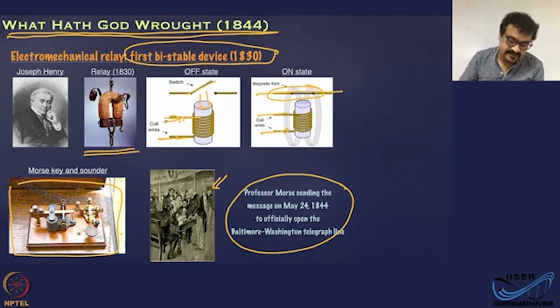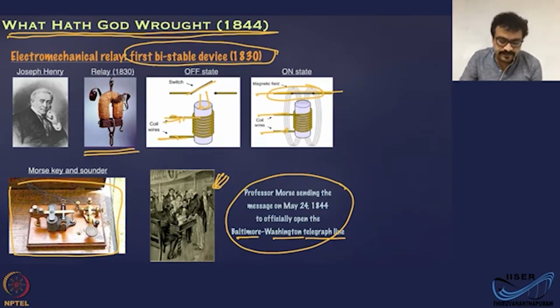And that was transmitted from Baltimore to Washington over a telegraphic line, and this is the picture showing that occasion. So as you can see, the first electrical device is simply an electromechanical relay, which revolutionized the communication technology then.